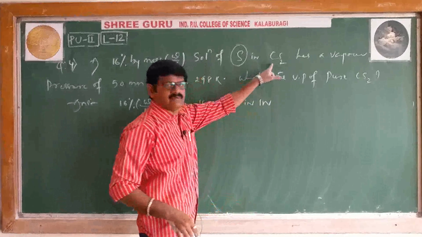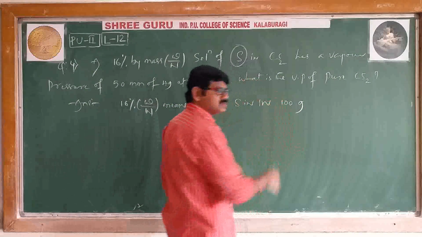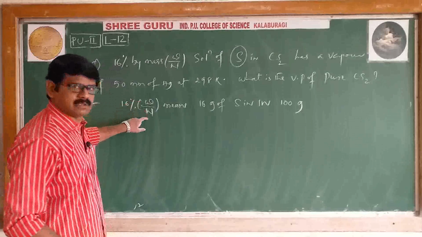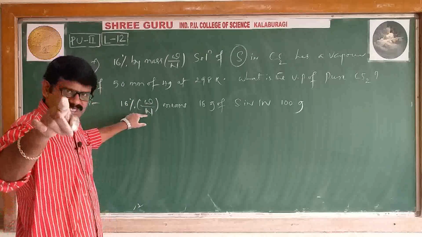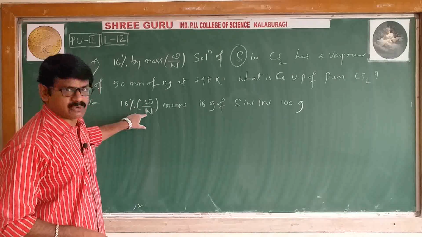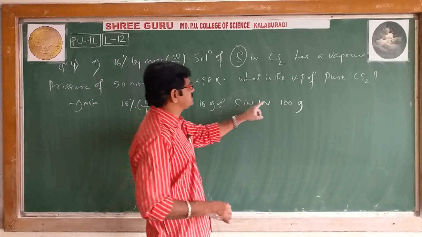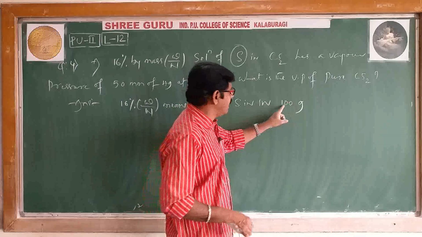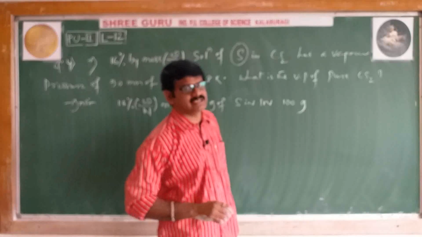In solvent CS2, 100 grams. Both are in grams only because it is W by W. Solute is W, solution is also W only. Right. See here, a twist: 16 grams of sulfur present in 100 grams of solution, not solvent.